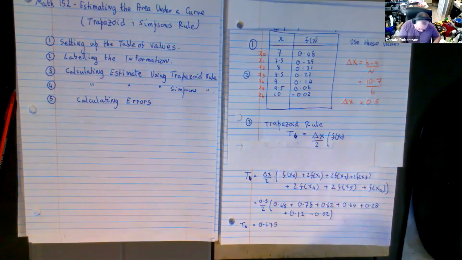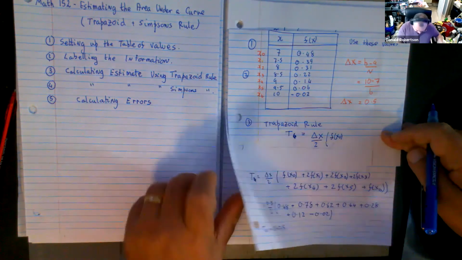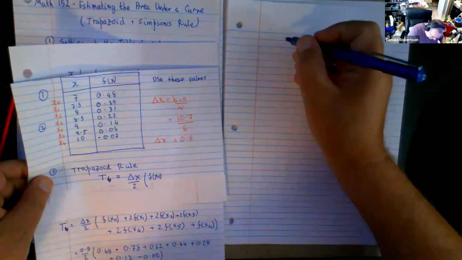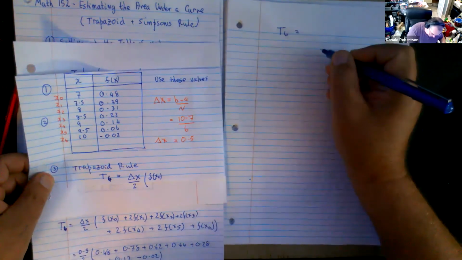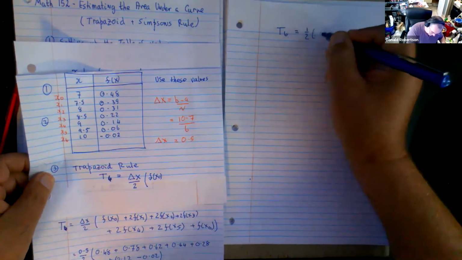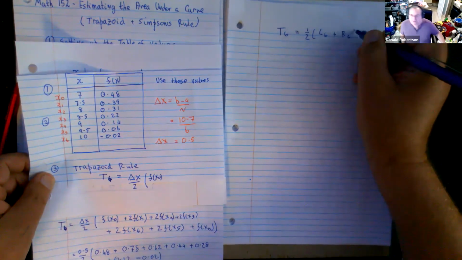Now, some people think this is interesting, other people don't, and that's totally up to you. But do you know that the trapezoid 6 is actually the same number as that?